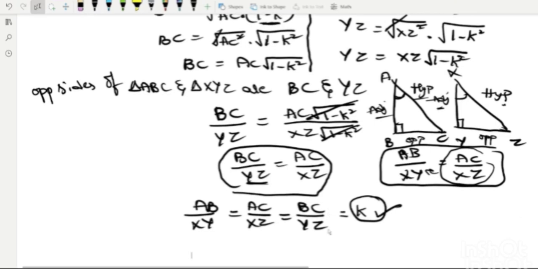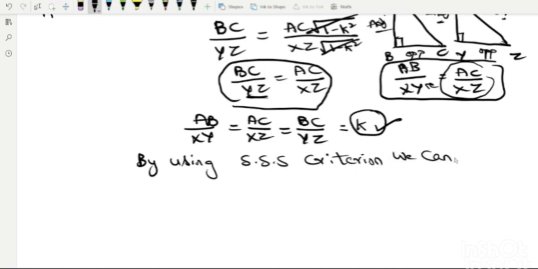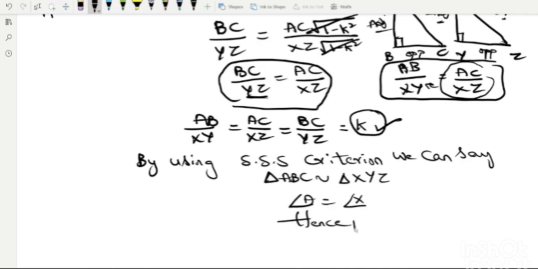From this you can prove by using the side criterion. We can say triangle ABC is similar to triangle XYZ, which in turn states that angle A is equal to angle X. Hence proved.